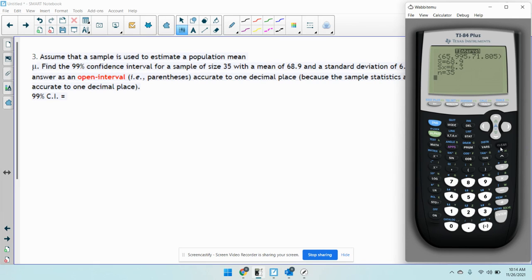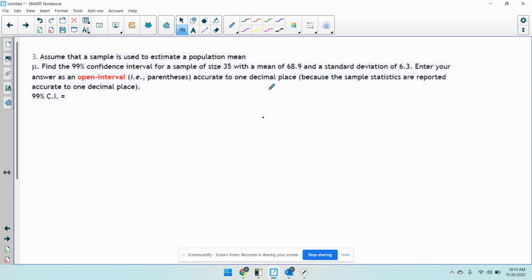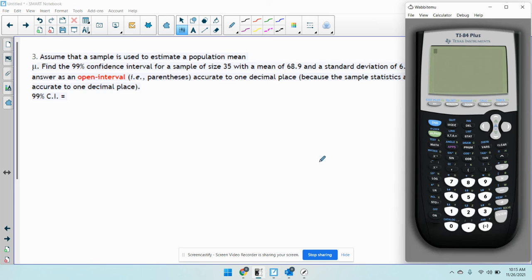So it says assume that a sample is used. So first thing you want to check is sigma known? Does not mention anything about sigma, so we're going to use a t interval again. But now the data is given to us in forms of statistics. So we're just going to go to stat, over to test, down to t-interval. And I've already put it in there for us.